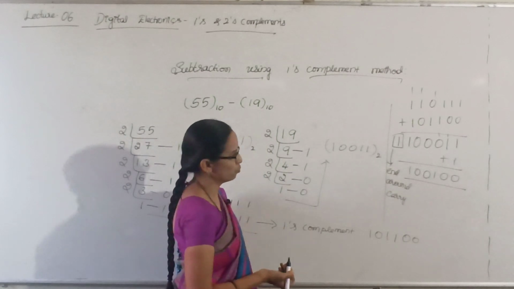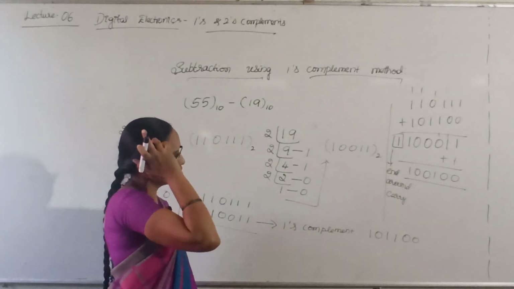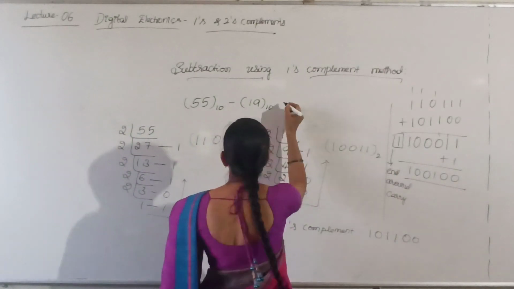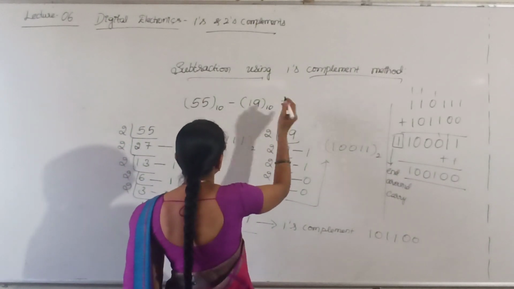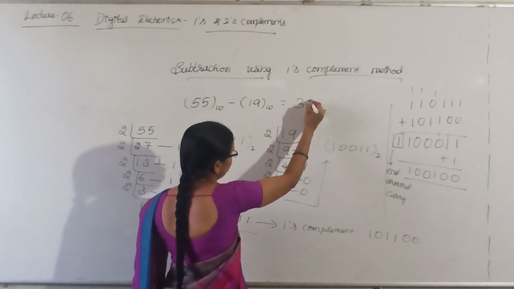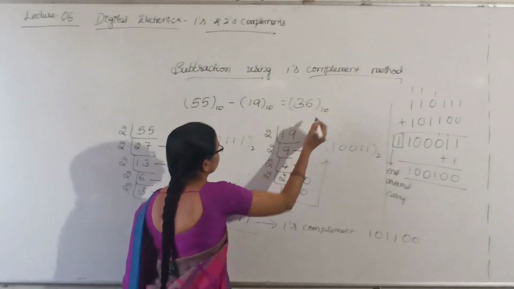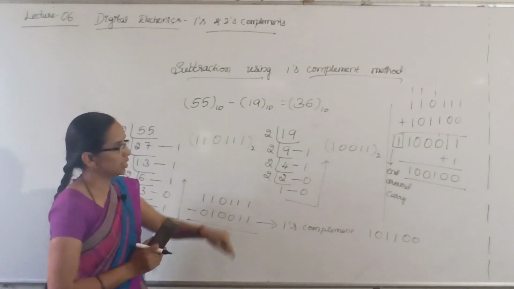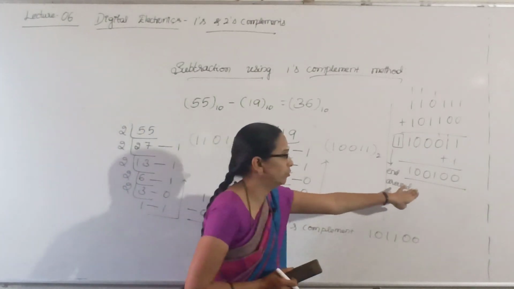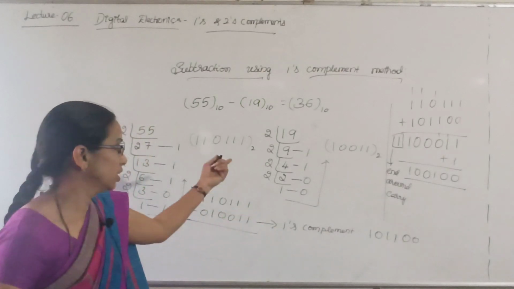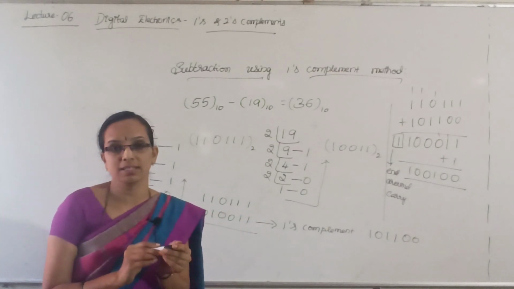That will be 32 plus 4, 36 it is. What we have to get is 36. Is it right? 55 minus 19 is 36. If you want to convert it from binary to decimal, then you can check. You will get 36. That will be the right answer.